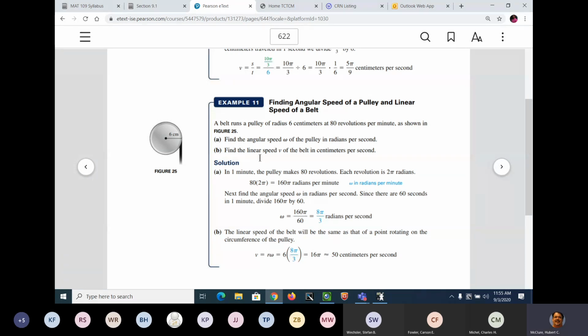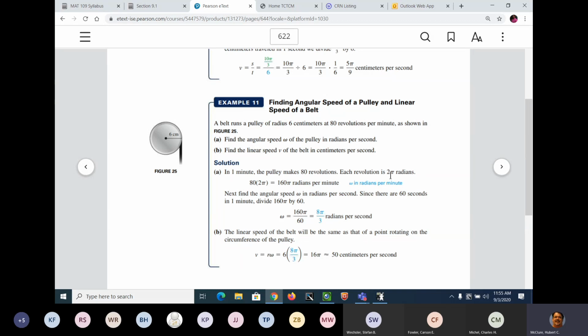Linear speed is how fast this actual pulley is turning. All right. In 1 minute, the pulley makes 80 revolutions. A belt runs a pulley of radius 6 centimeters at 80 revolutions per minute, and of course they say that right here.